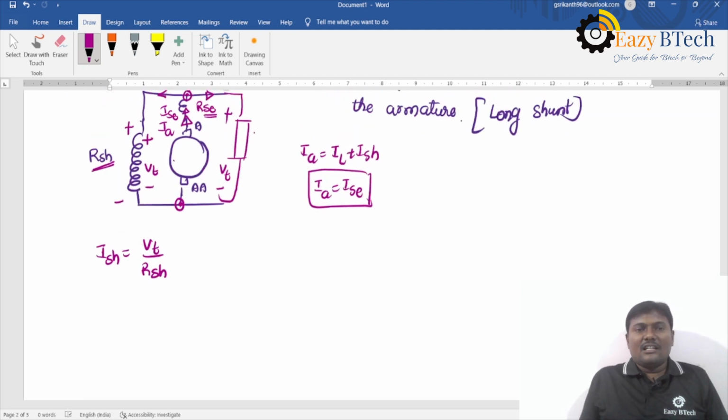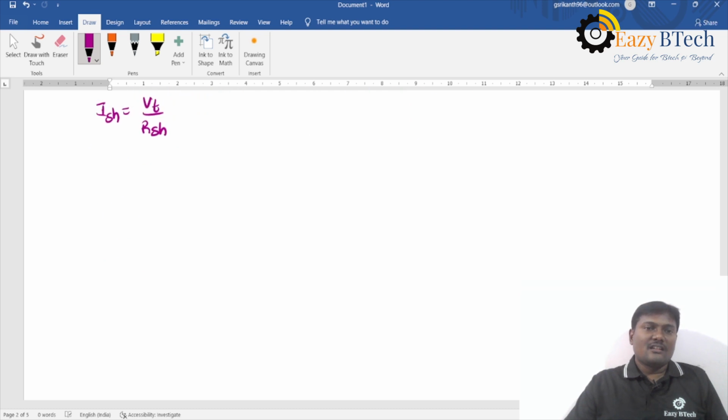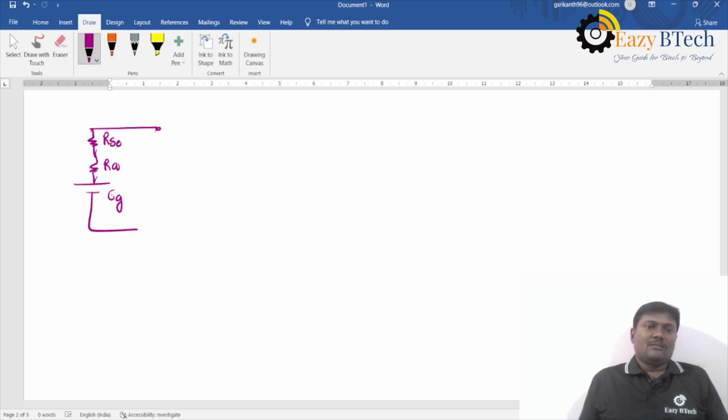The internal induced EMF is EG, and armature resistance is RA. Now you can apply KVL to the last loop. So this is EG and RA and RSC. The terminal voltage is VT, the voltage applied across the load.